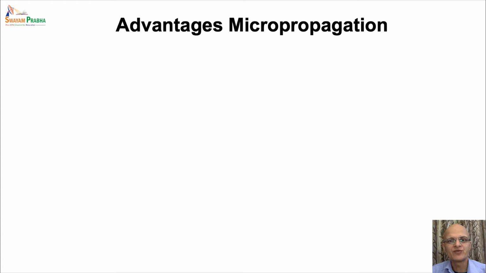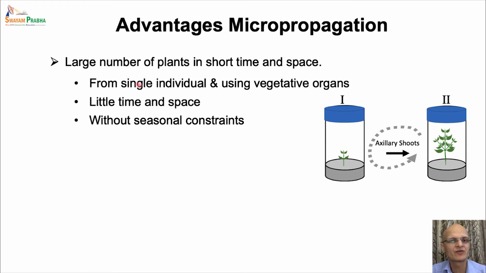So I will start with the discussion on advantages of micropropagation. Now, starting from a single individual or a vegetative organ, using a small amount of biological starting material, thousands of plants or millions of plants can be produced through the micropropagation process. So here we are starting with a single organ or a tissue and is multiplied in the aseptic conditions.